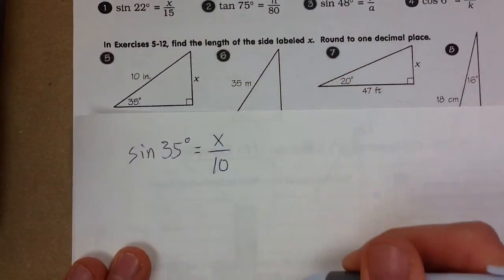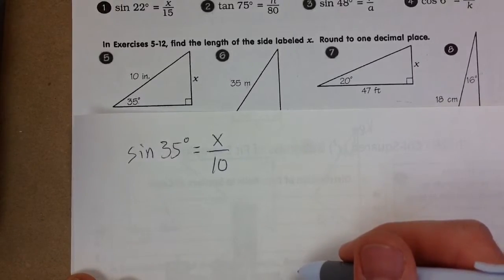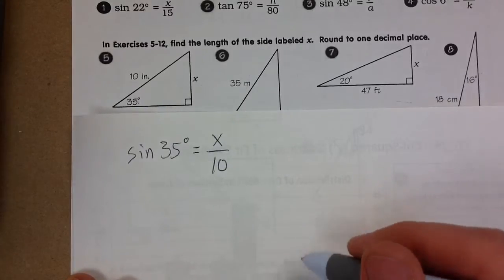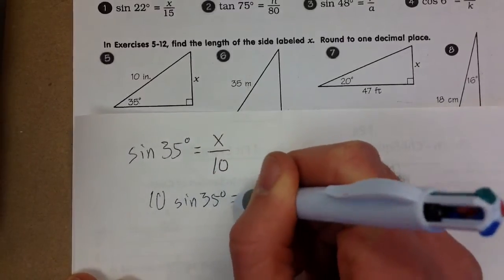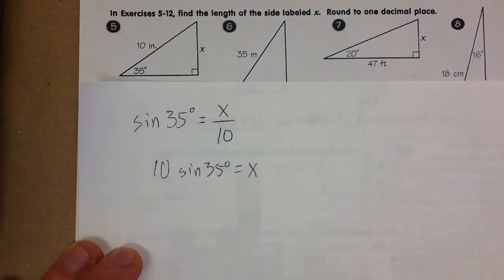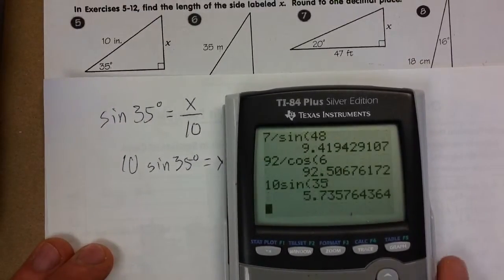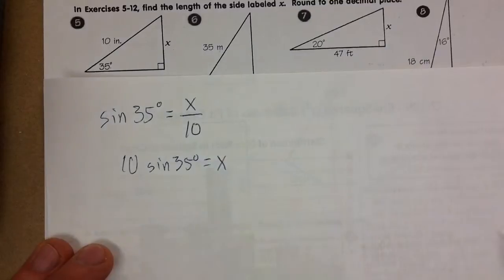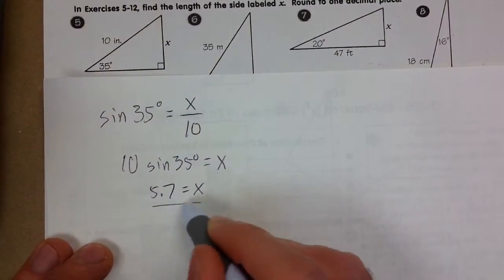And then sine 35 times 10 is 5.73. Good. So multiply both sides by 10 in order to get x by itself. 5.7 is the answer.